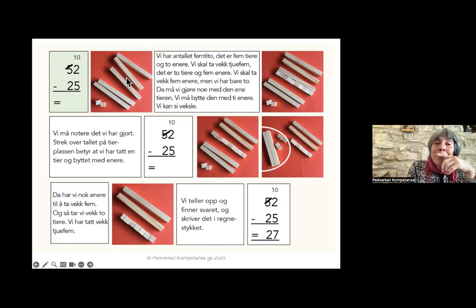And we make ones of it so that we can subtract the number of ones that the calculation tells us to do. And we put this mark on the number symbolizing the tens, to remind ourselves that now I don't have 5 tens anymore, I just have 4.